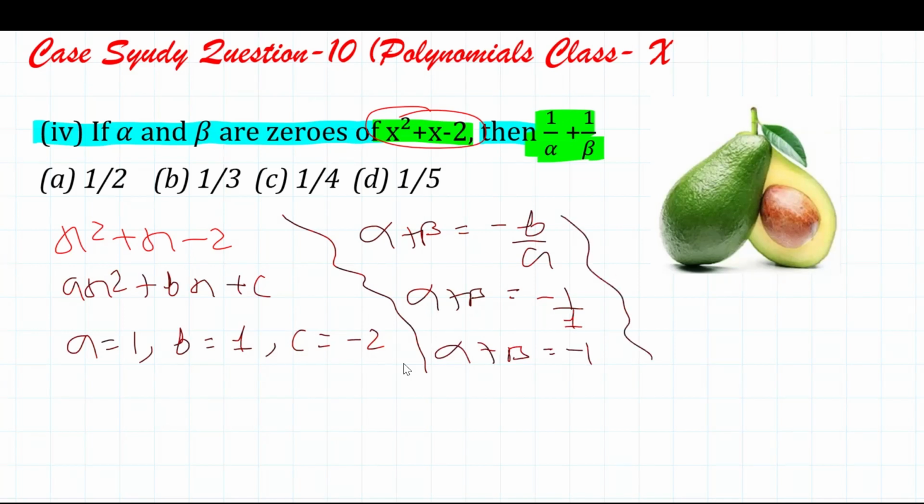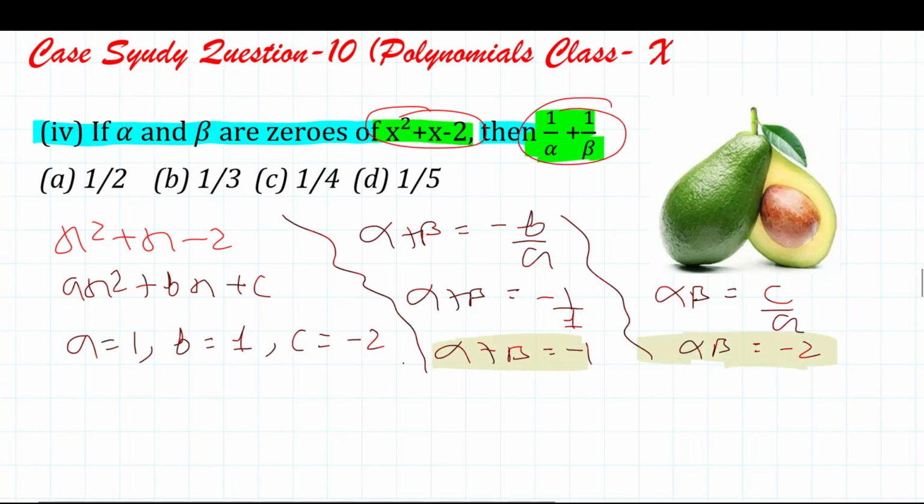And the product of the zeros, alpha into beta, is c over a. c is minus 2, so minus 2 over 1 is minus 2. You might be wondering why I'm getting the sum and product instead of alpha and beta. This is because now, if I have to find this, we have to find what?